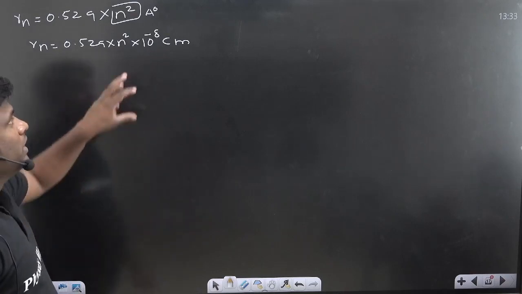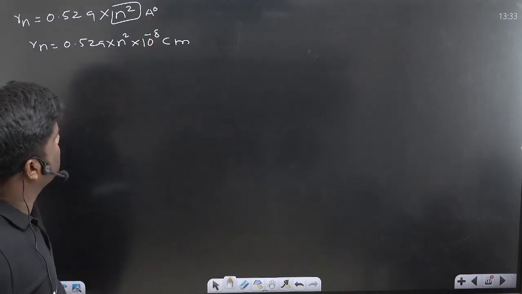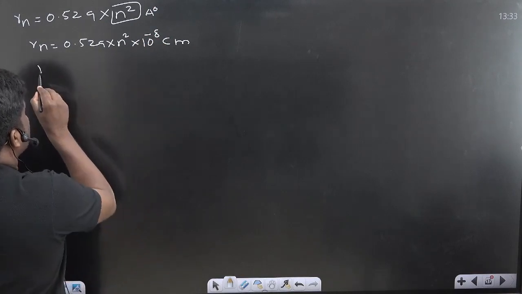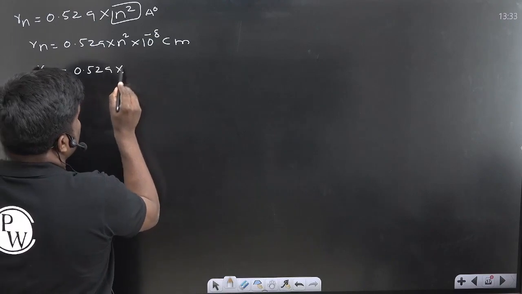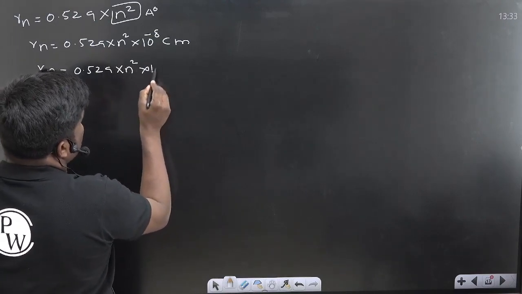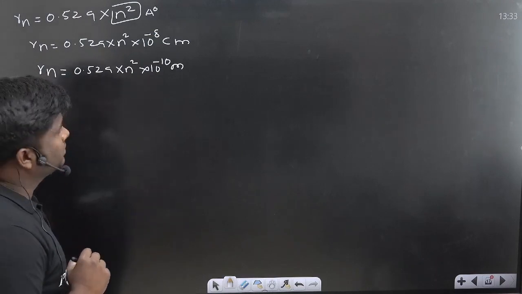If you convert angstroms into centimeters, it will be 10 to the power minus 8 centimeters. And the same formula, Rn is equal to 0.529 into n square into 10 to the power minus 10 meters. Convert this to meters.